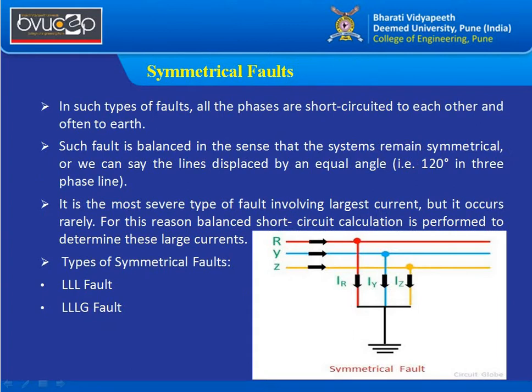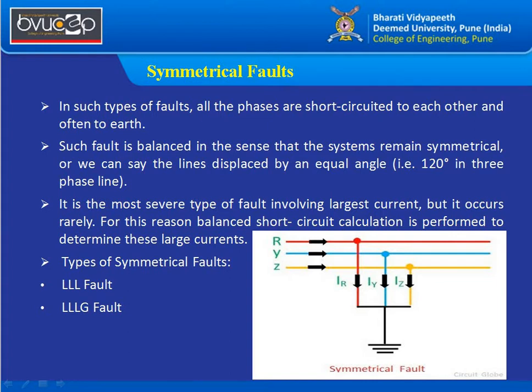Now let us see quickly what symmetrical faults are. A symmetrical fault is one where, suppose there is a fault in the system, and we consider the three phases R, Y, B, all three phases have the same orientation of angle. In these types of faults, all the phases are short circuited with each other and often to the earth. That is why it can have only two options.